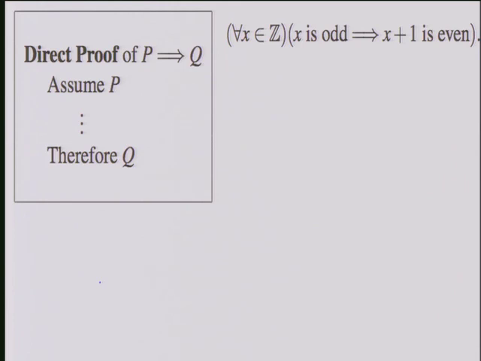Okay, so the most direct, the simplest way that you can prove something is what's called a direct proof. You just do a sequence of implications.